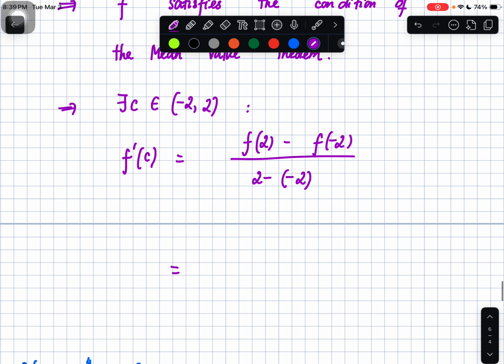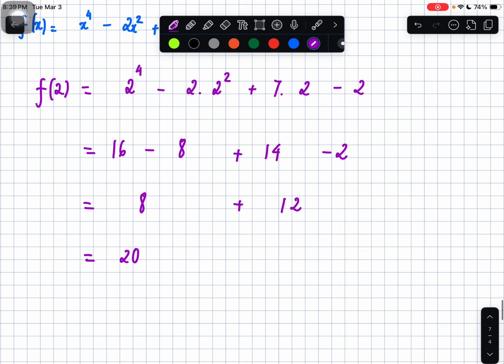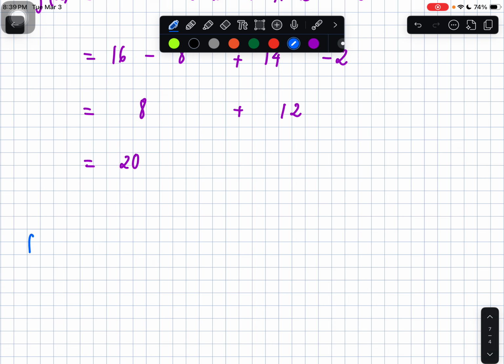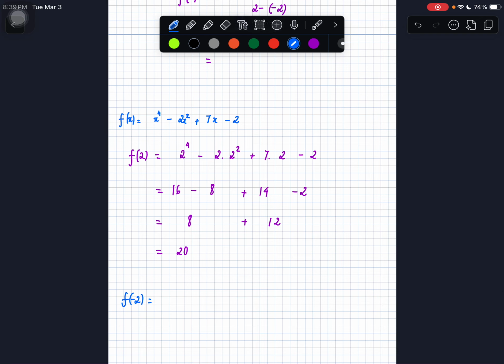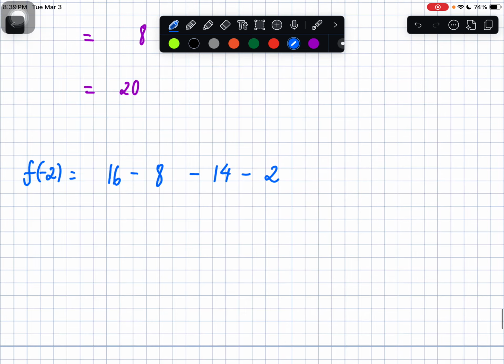And the second one, we need to compute f of -2. f at -2, so we have (-2) to the fourth, so 16, minus 8, minus 14, minus 2. 8 minus 16, so we have -8.